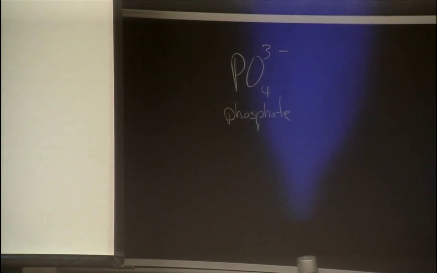So let's start up here at the full phosphate ion and work our way towards the acid. Now, if I've got PO4 minus 3, how many hydrogen ions can you basically put together with that phosphate? 3.